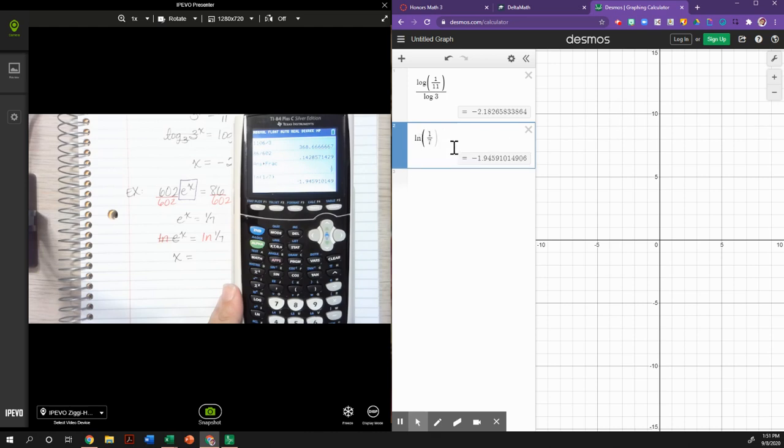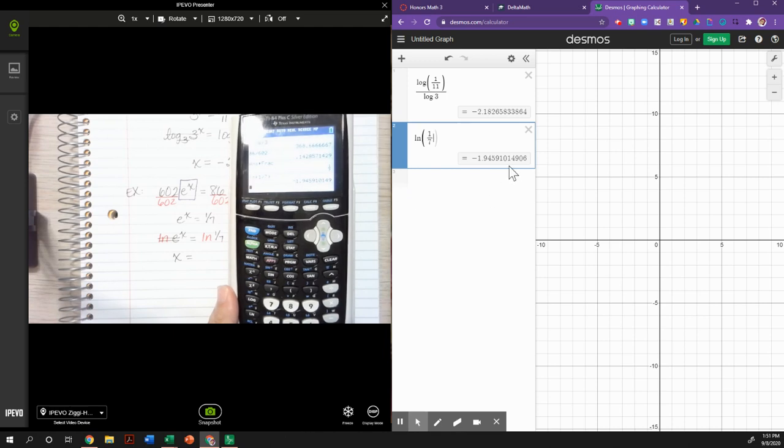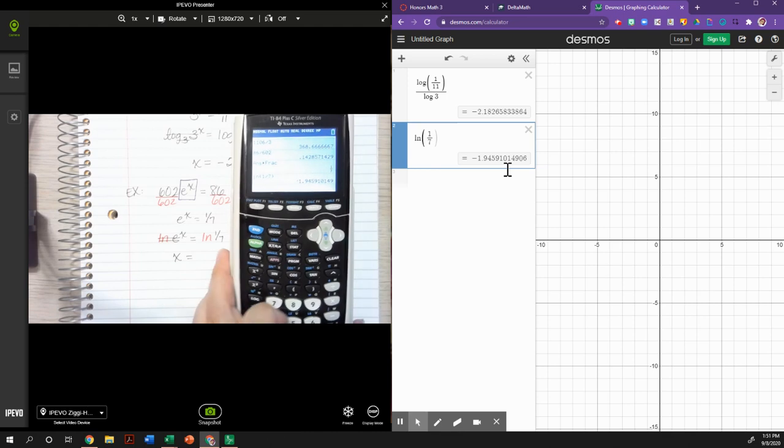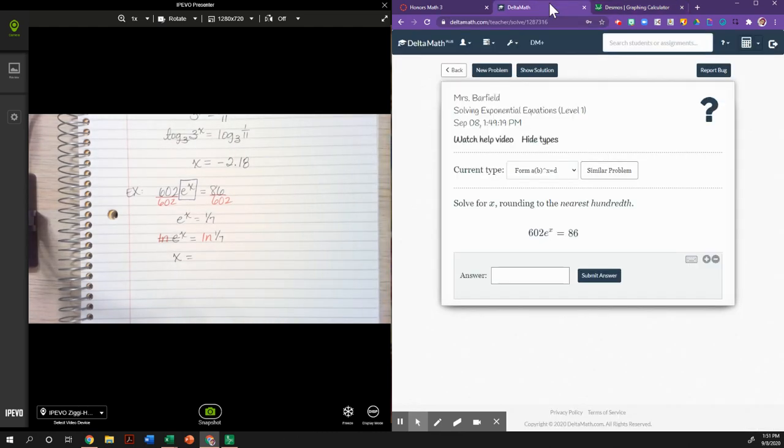I know my parentheses are all messed up, but you can see on my calculator and here, negative 1.94. We got the same answer. So nearest hundredth, negative 1.95 is my answer.